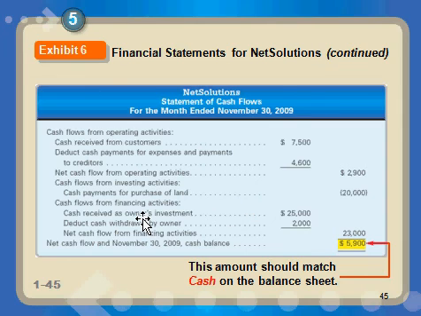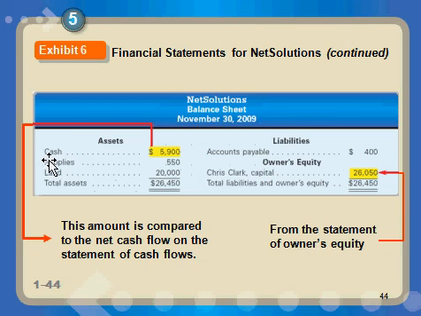Of course, Chris invested $25,000, but he withdrew $2,000 of that, so he had a total from investments of $23,000. We add these three numbers together, and that gives us $5,900, and we compare that to the amount that we saw on the balance sheet for cash, and remember, it was $5,900.